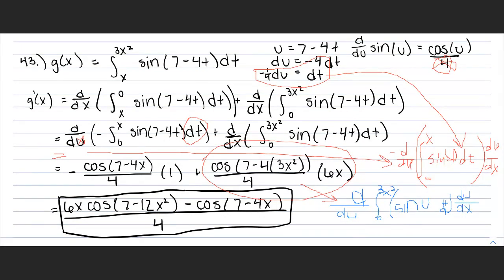Right. That's because you change your dt to be -1 over, no, your dt, what's your dt? You need to solve your dt. Right now your u is different, right? dt would be -1/4. Right, you need to find the du over dx.